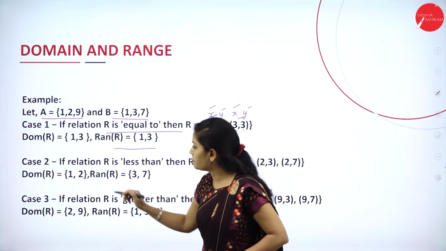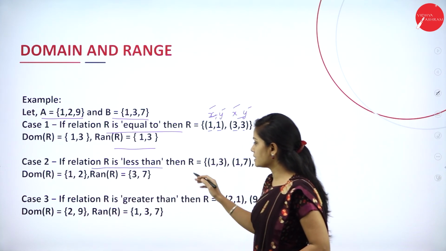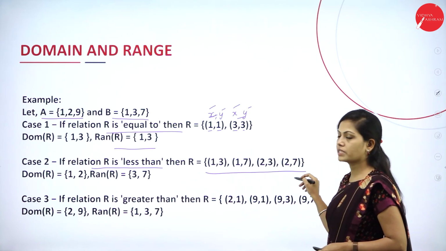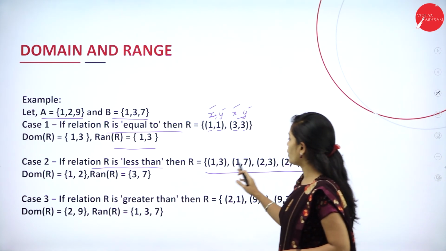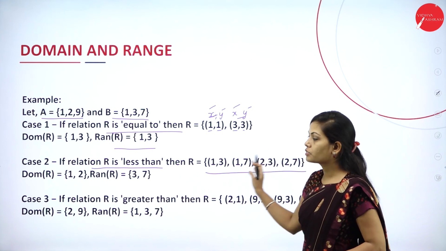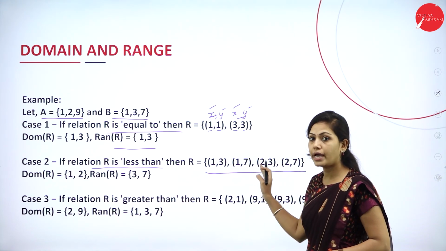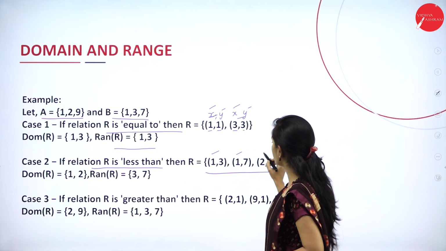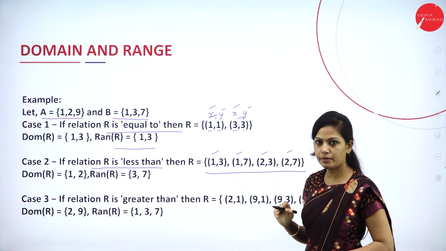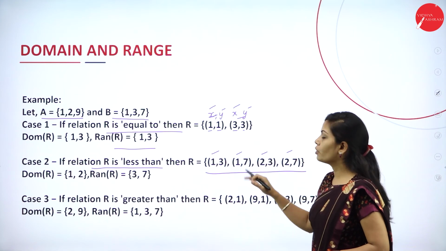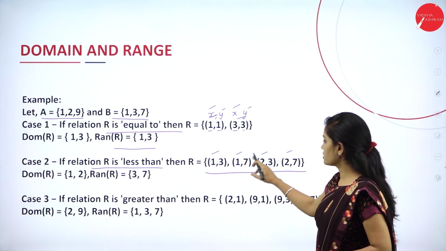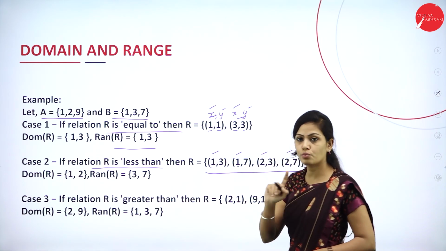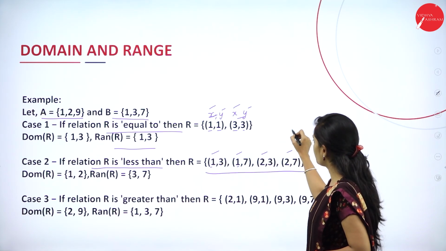And the next example, relation R is equal to {(1,3), (1,7), (2,3), (2,7)}. So find the domain and range here. All possible x values are called the domain. Here I have 4 pairs: (1,3), (1,7), (2,3) and (2,7). In the first 2 pairs, 1 is common, that is in your domain.